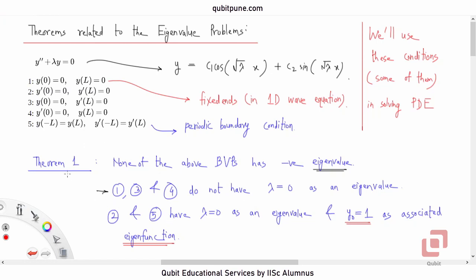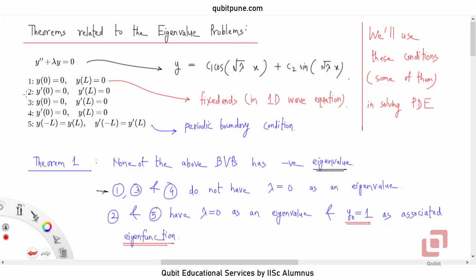Okay, so let me repeat what theorem 1 is telling you. Given the differential equation y double prime plus lambda y equal to 0 and any one of these 5 boundary conditions, we are looking for those values of lambda for which the problem has non-trivial solutions. The first theorem tells me that none of these have a negative eigenvalue.